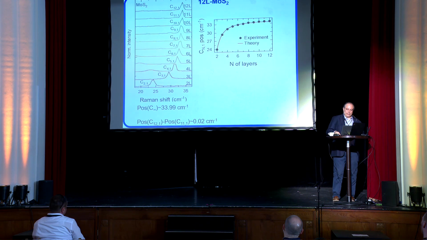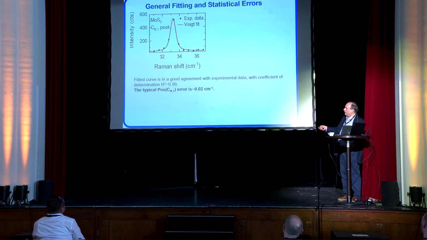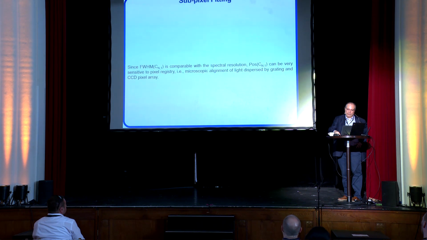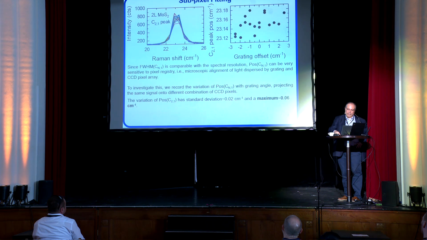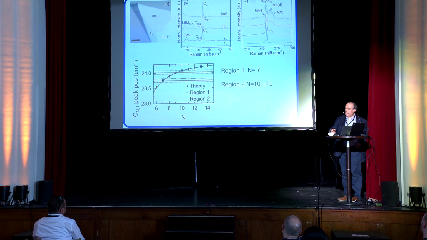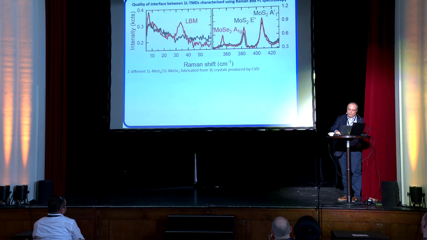And this is all published, but basically you can get a resolution that is typically 0.02 centimeters minus 1. I skip the reasons for this to happen. So you can get this much better resolution, which then basically means that region 1 is 7, region 2 is 10 plus or minus 1, so we get a very good accuracy.